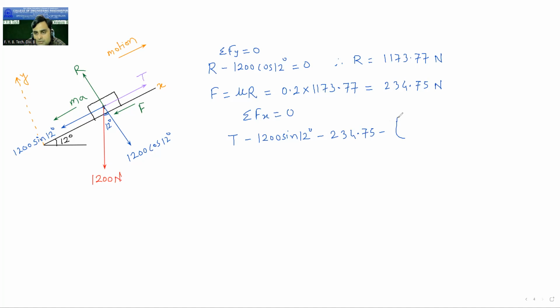M is 1200 divided by 9.81, with M into A as it is. So reshuffle this and you will get one equation.